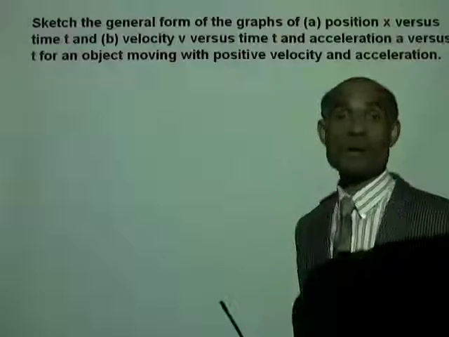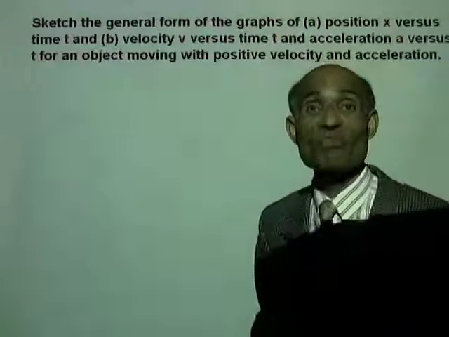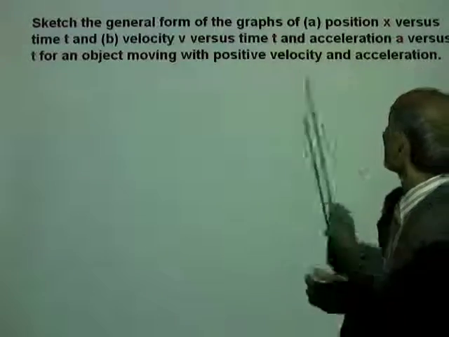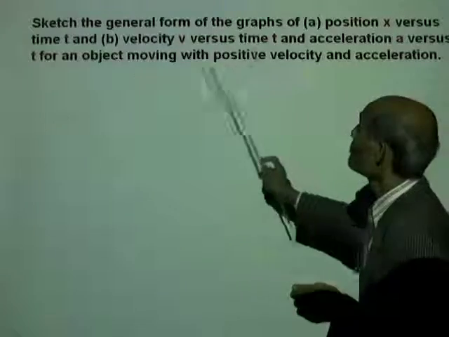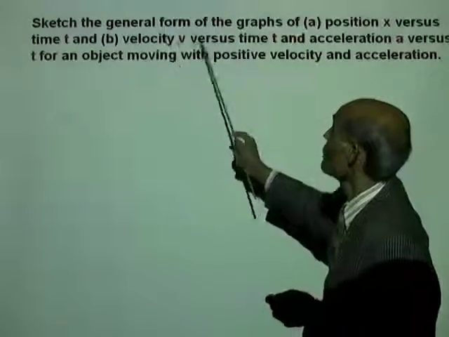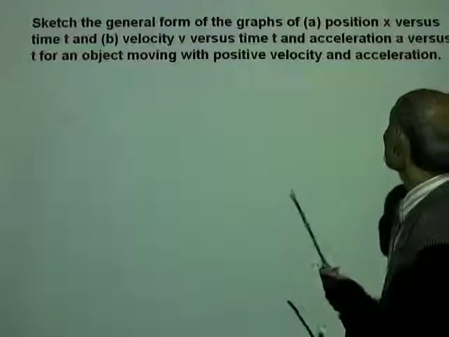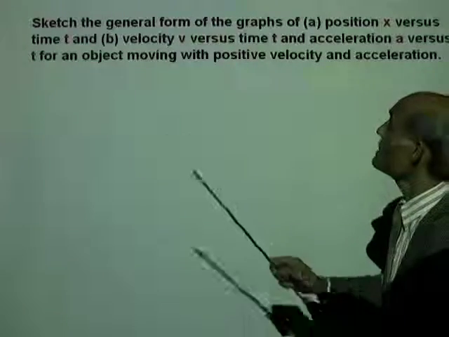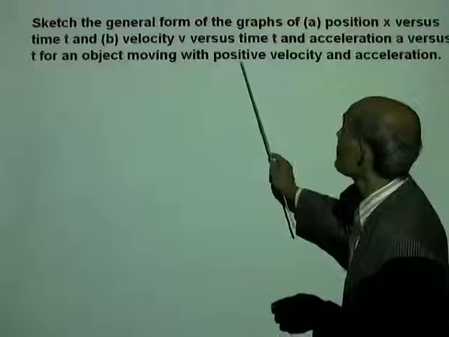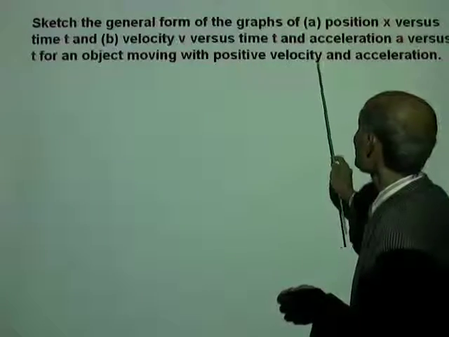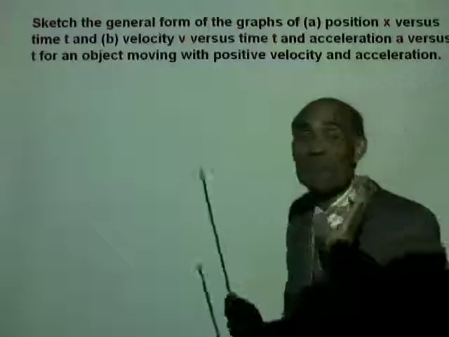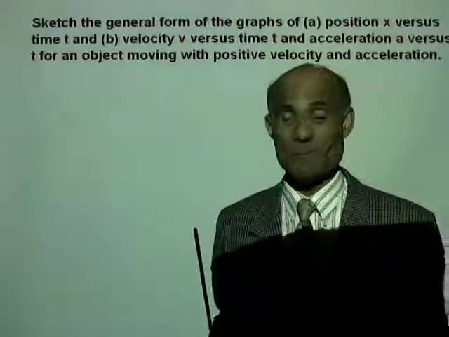Let's do another one. Sketch the general form of the graphs of position x versus time t, velocity v versus time t, and acceleration a versus time t for an object moving with positive velocity and positive acceleration.